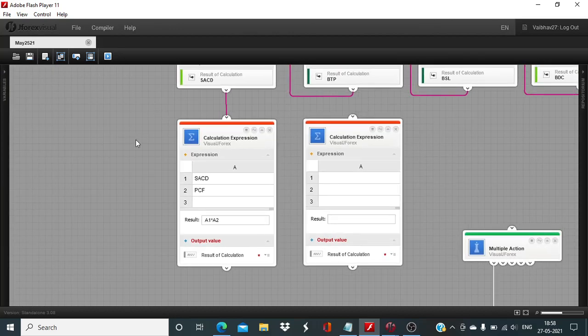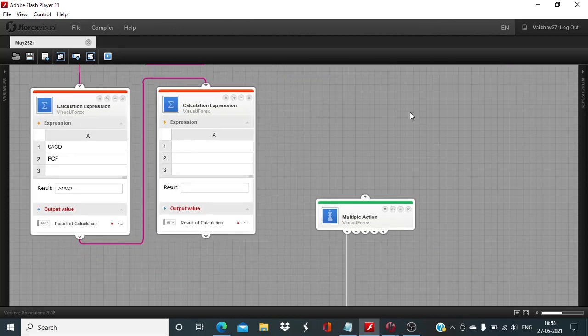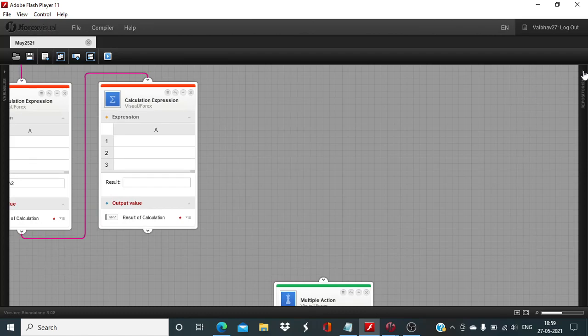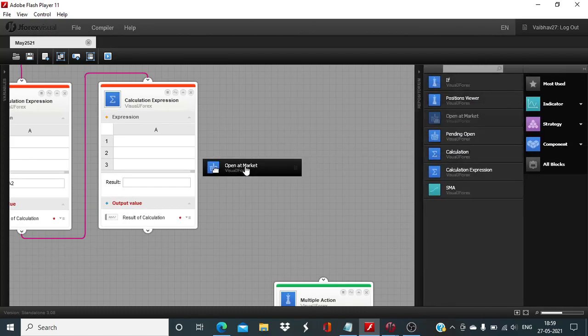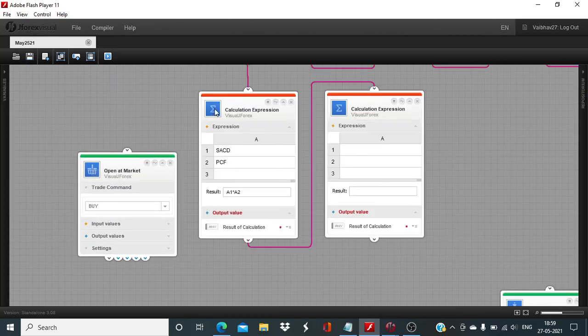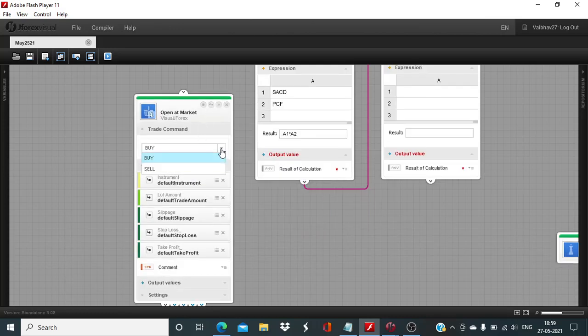Once we get the open at market block for placing the order, then we will create these variables as this variable needs to be in integer data type. So for that we will have to wait, or else I can bring in the open at market block right now just to assign these values, but of course we will be joining this block at the very end.